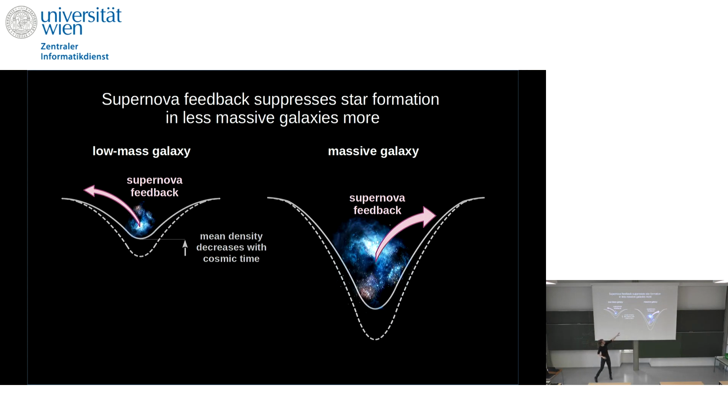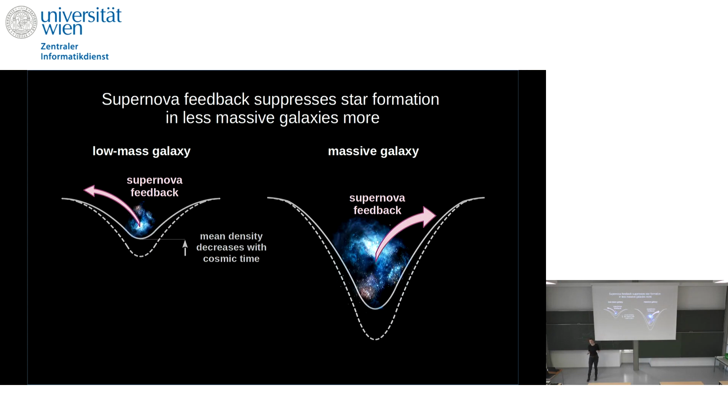However, if you go to a more massive galaxy, it has a deeper potential, so star formation is more concentrated in the central regions. For supernovae to really get gas out of the galaxy, they would need to be far more abundant or powerful. So one finds that supernova feedback doesn't have much of an effect on massive galaxies.